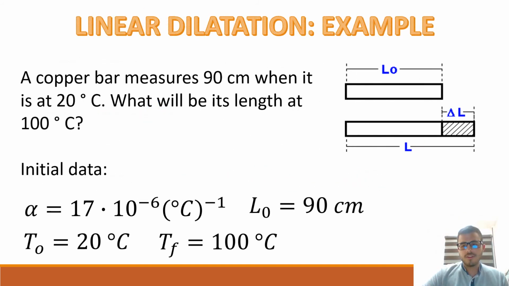Linear dilatation example. A copper bar measures 90 centimeters when it is at 20 Celsius degrees. What will be its length at 100 Celsius degrees? Initial data. The coefficient of linear dilatation of the material is equal to this, the initial temperature is equal to 20 Celsius degrees, the final temperature is equal to 100 Celsius degrees, and the initial length is equal to 90 centimeters.